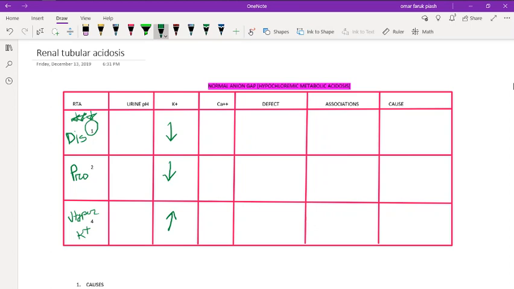If urine pH is more than 5.5, then it is distal renal tubular acidosis. If the urine pH is less than 5.5, then it is proximal renal tubular acidosis. In hyperkalemia, the urine pH is less than 5.5. So this is the way of differentiating.